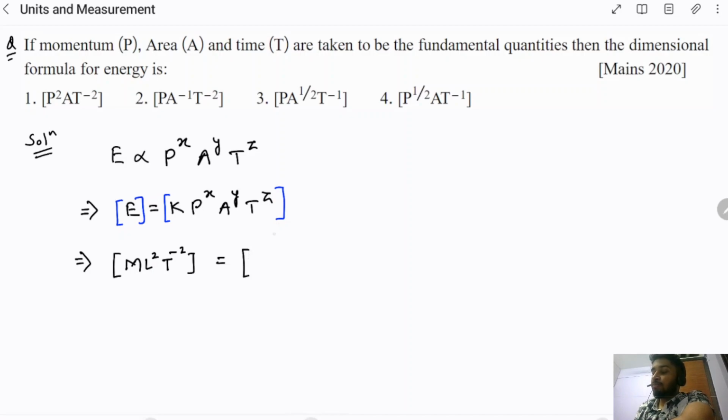So for momentum, the dimensional formula is M L T minus 1, whole to the power x. A is area, so that comes out as L square to the power y, and T is time, so that remains as T to the power z.